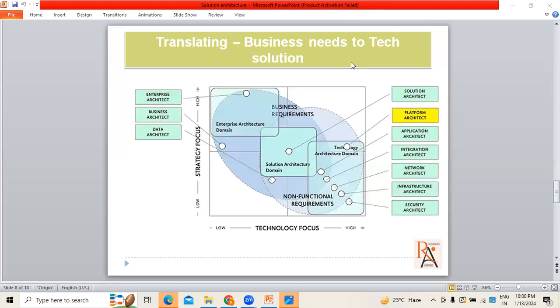COTS, C-O-T-S, you can write down, stands for commercial off-the-shelf systems. These are products which customers buy.